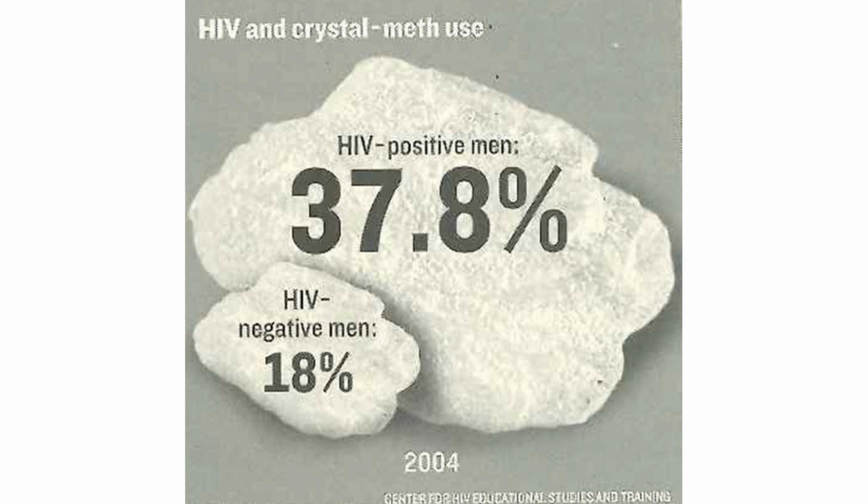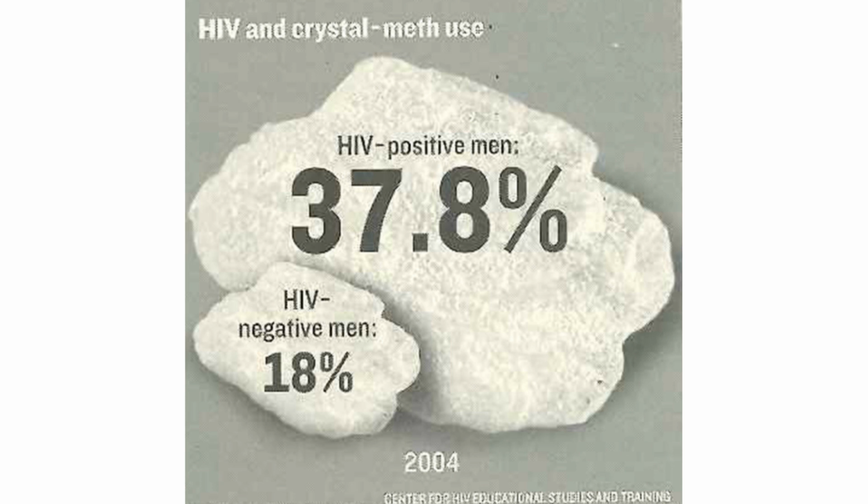The problem with this graphic is that the crystal meth rock used to represent HIV positive men is not only twice as high as the other rock, but it is also twice as wide. This graphic is therefore suggesting that the HIV positive men in the survey are 4 times as likely to use crystal meth than HIV negative men.